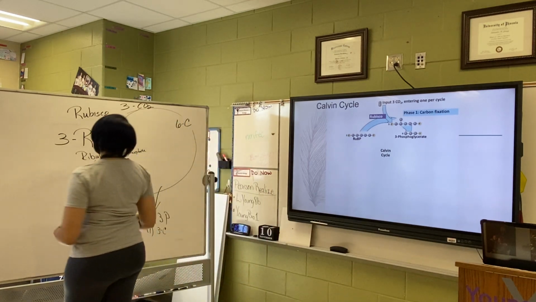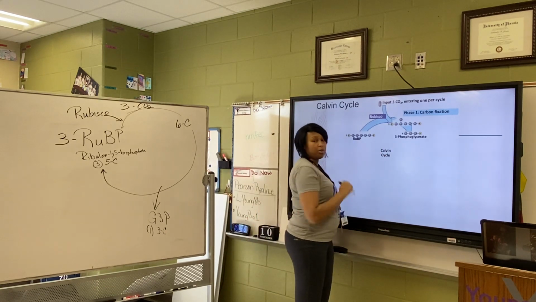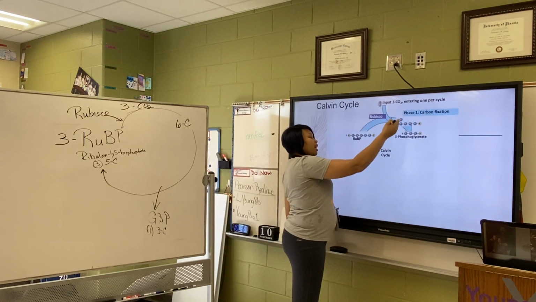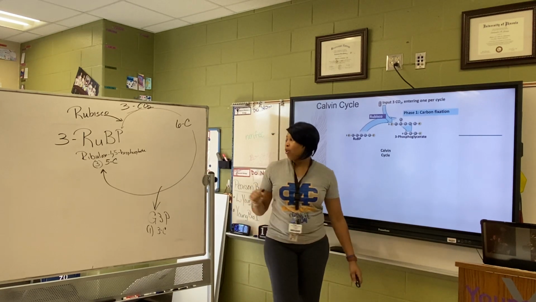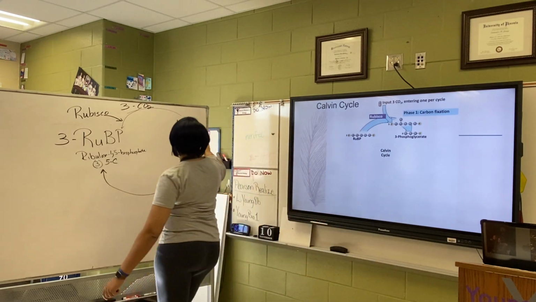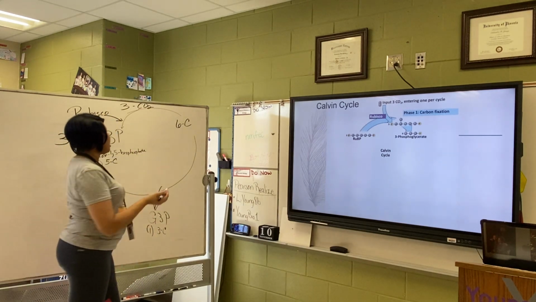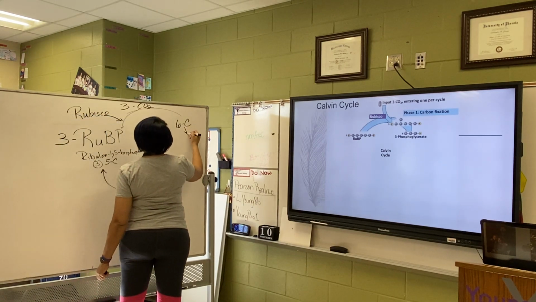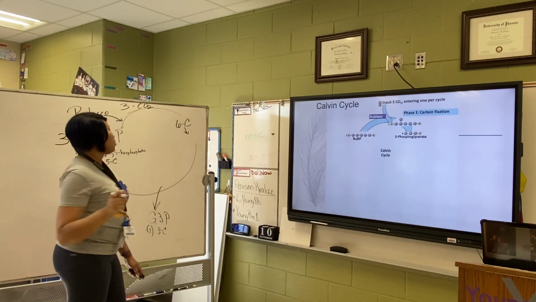compound. Now, in this 6-carbon compound, the carbon dioxide is actually attached to carbon number 2. All right, so it has been fixed into an organic compound at this point. Once it has been fixed to this 6-carbon compound, it's going to be broken into a 3-carbon compound.